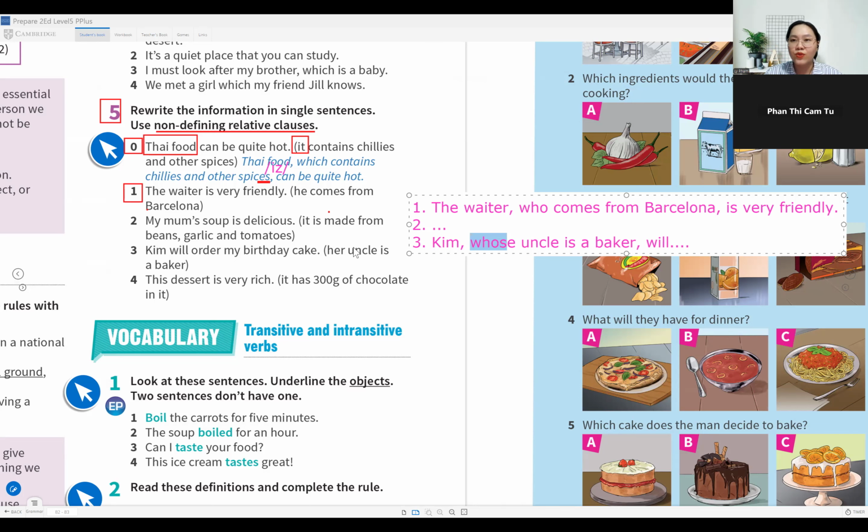We cannot use who, although we are talking about a person, because here we want to talk about the relationship between her and the uncle. She has an uncle, right? And the uncle is a baker, so it's better to use whose, talking about the relationship between them. That's okay.